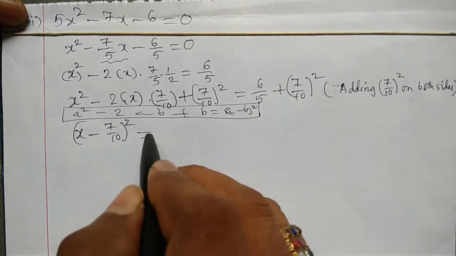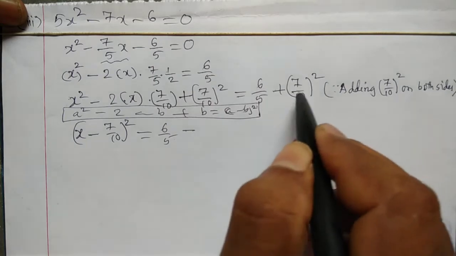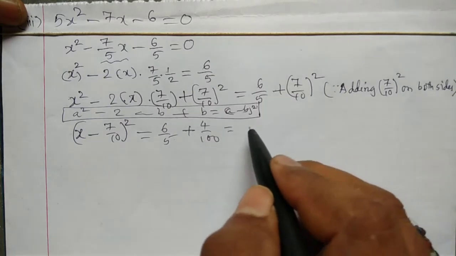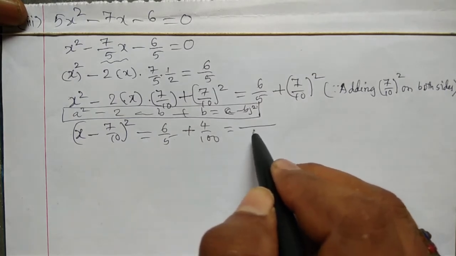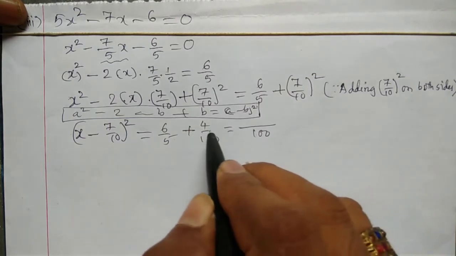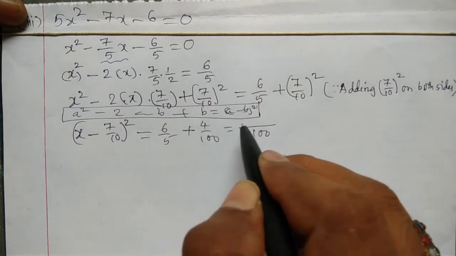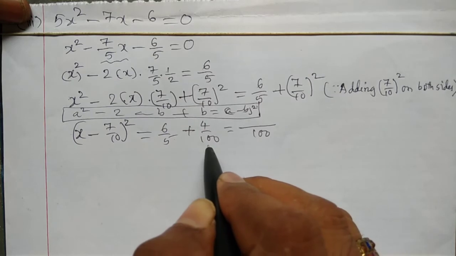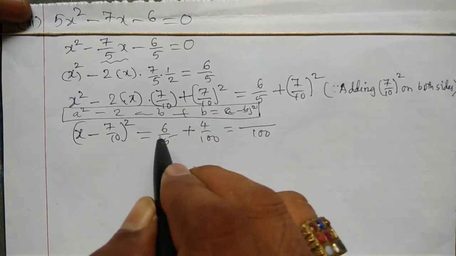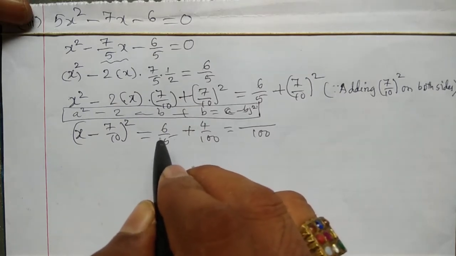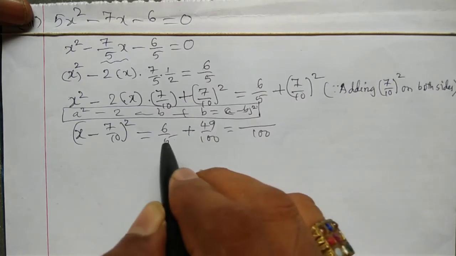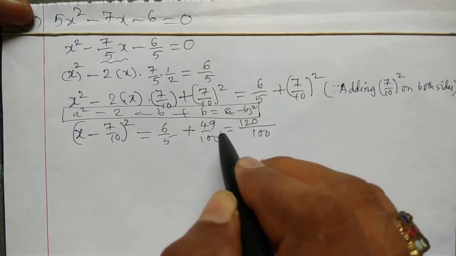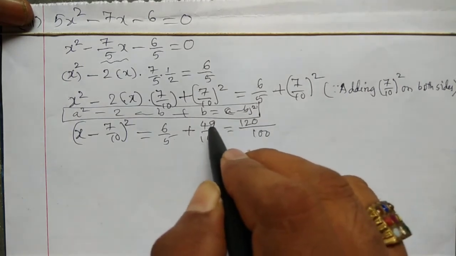that is equal to 6 by 5 plus 49 by 100. LCM is 100. 5 20s are 100, 20 into 6 is 120. 120 plus 49 is 169.